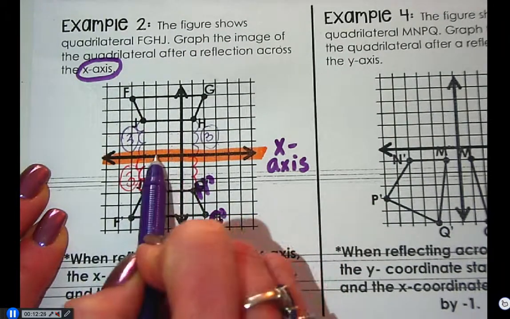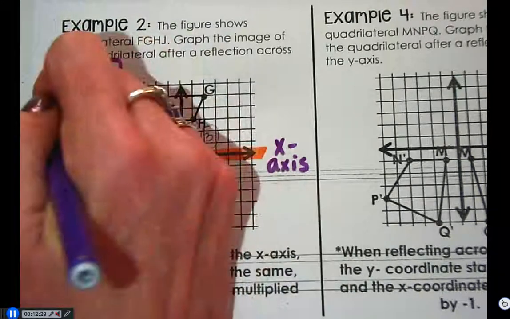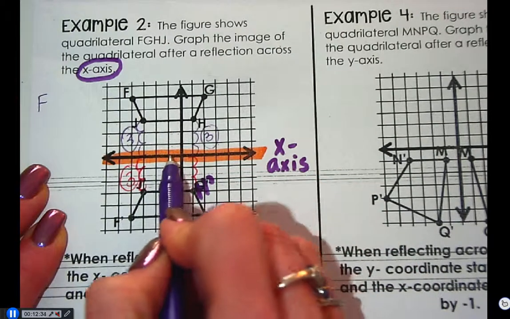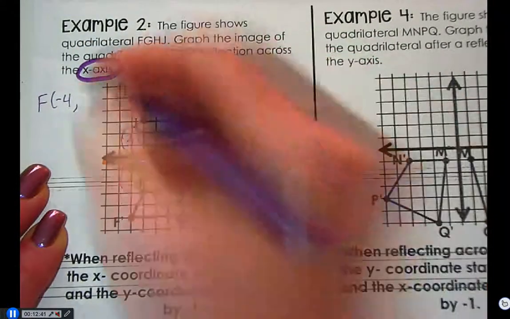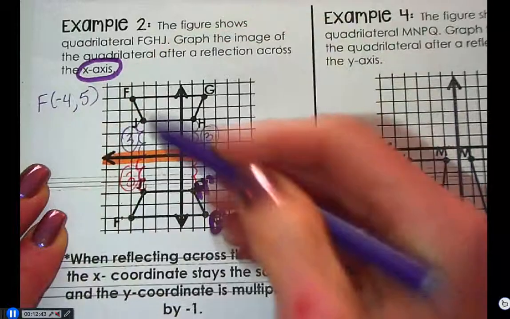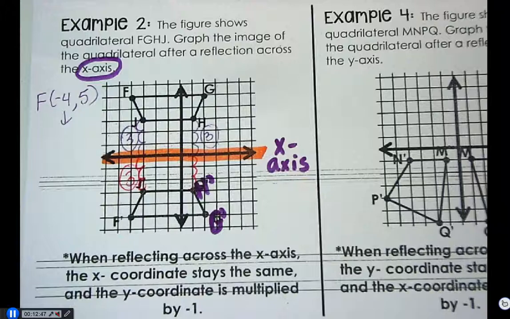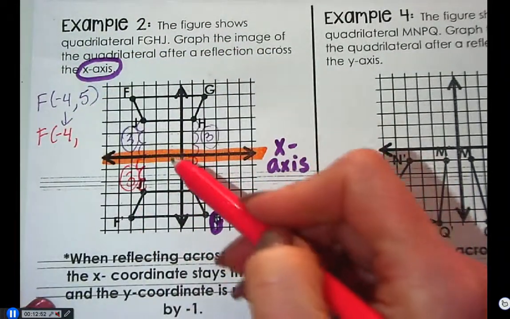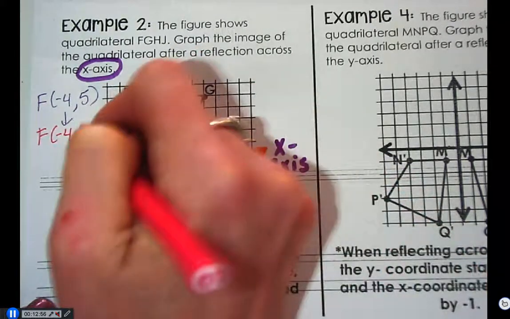F is going to be 1, 2, 3, 4, 1, 2, 3, 4, 5. So the original F, write this on your paper, is negative 4, and then 1, 2, 3, 4, 5. Our F prime is going to be also negative 4, but then it's negative 5.